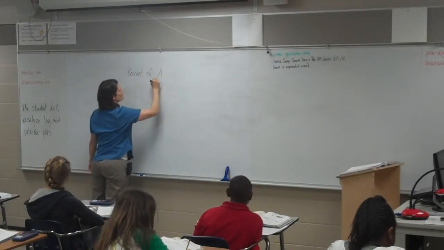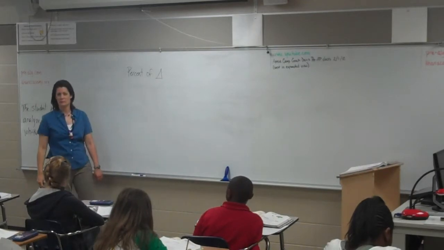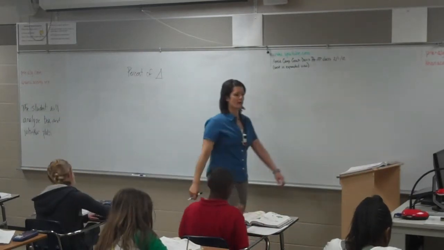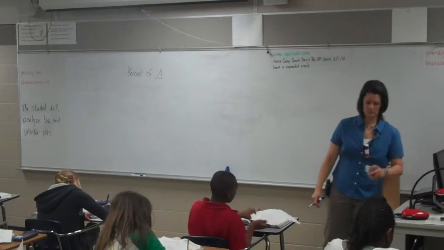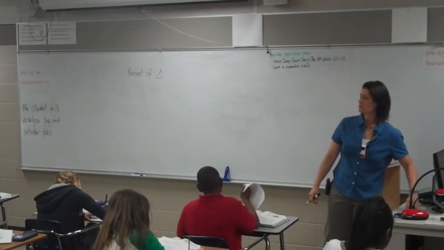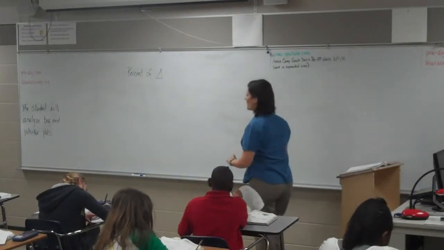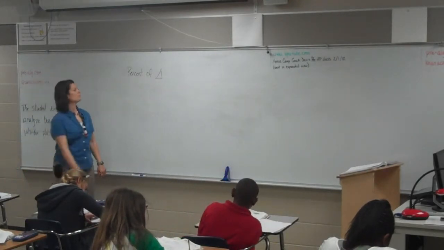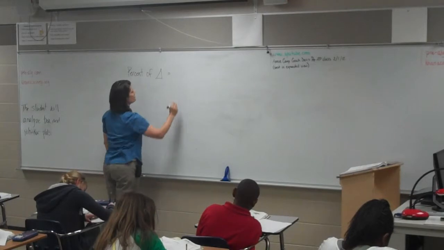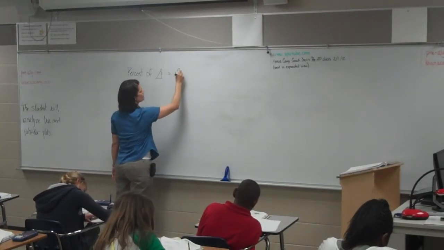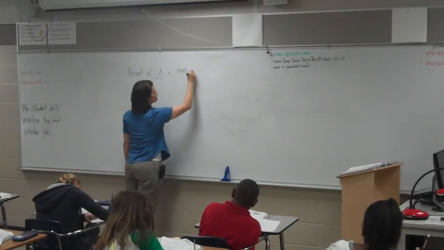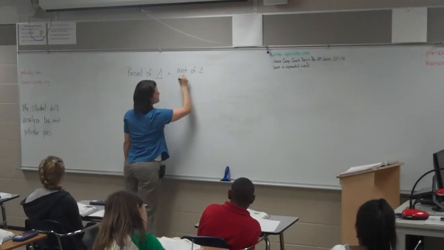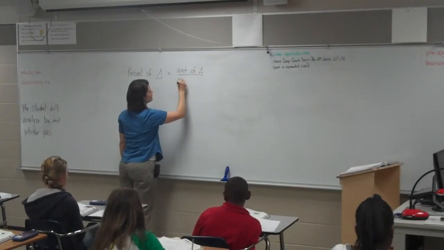Okay, so we've got percent of change. And remember, the triangle means change in algebra. In geometry it means triangle, but not in algebra. So the percent of change equals the amount of change divided by the original amount.